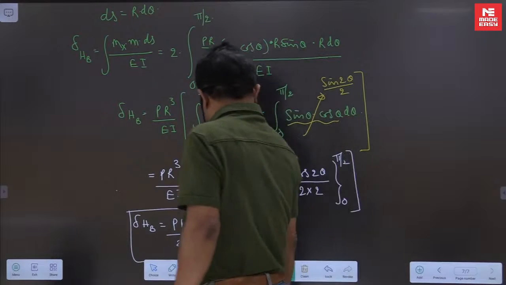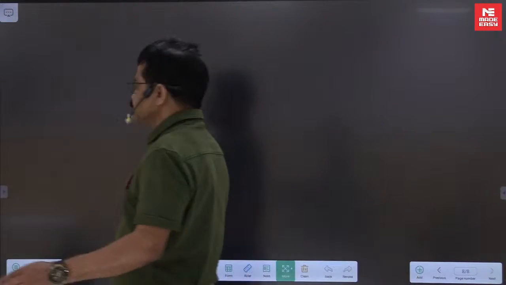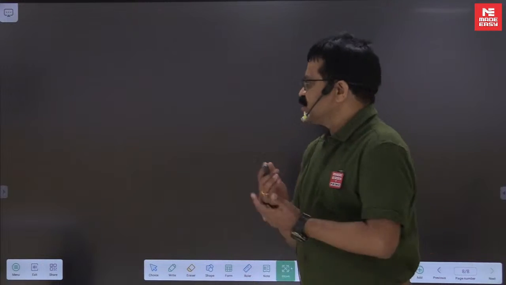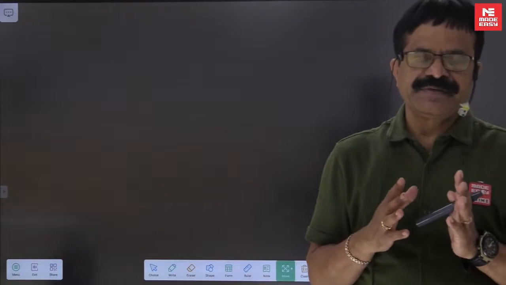The cables can take only tension, no compression, no bending moment. So analysis of cables, wherever there is a cable involved, we have only two concepts: how to keep two forces in equilibrium and how to keep three forces in equilibrium.